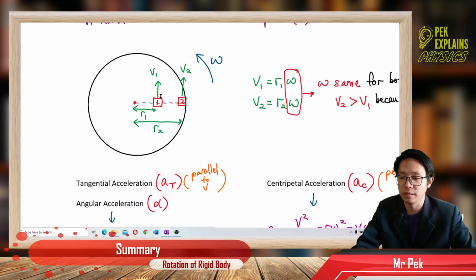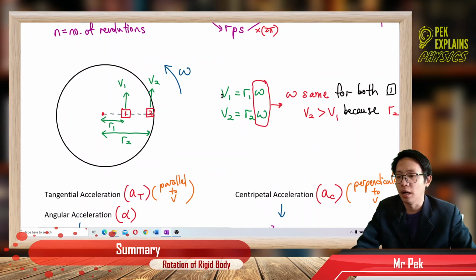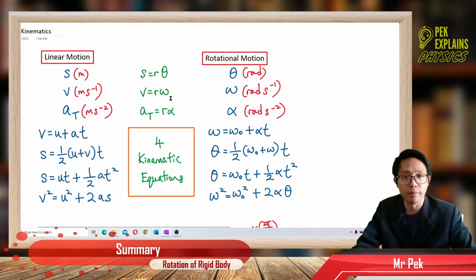V1 is the linear speed or linear velocity of object 1, and V2 is the linear velocity of object 2. Omega is the angular velocity for both objects.